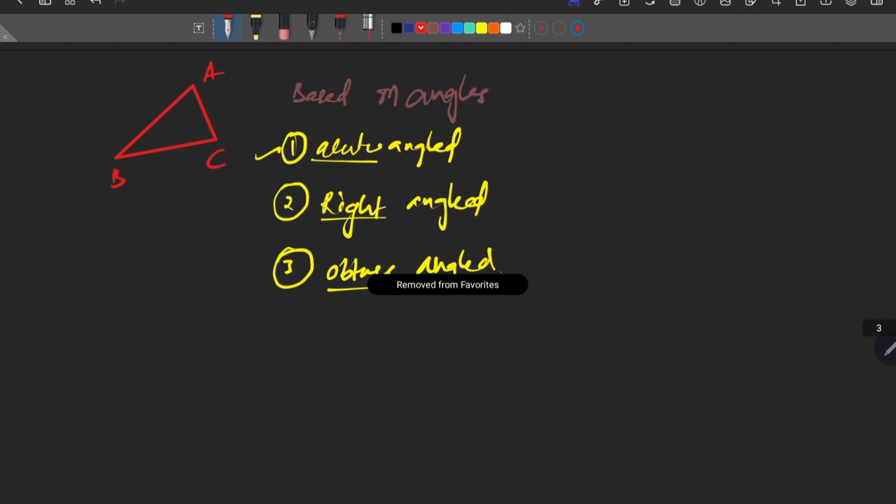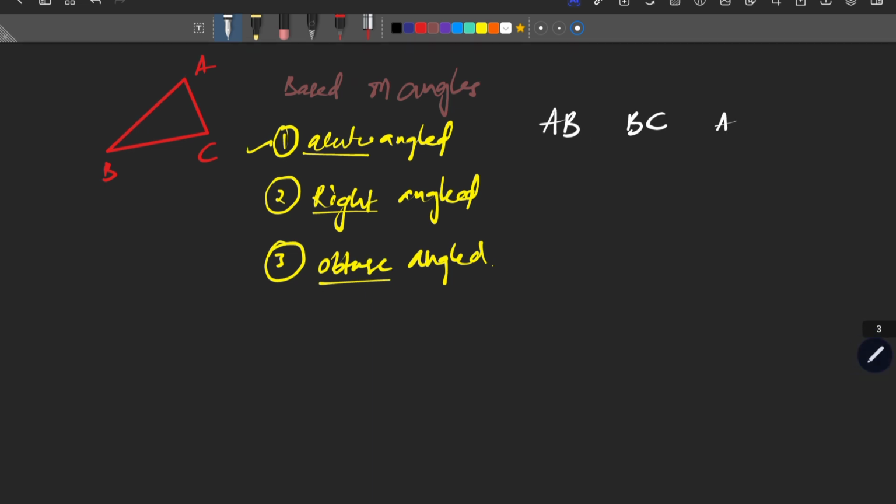So let us find the distances first. AB is a side, BC is a side and AC is a side.